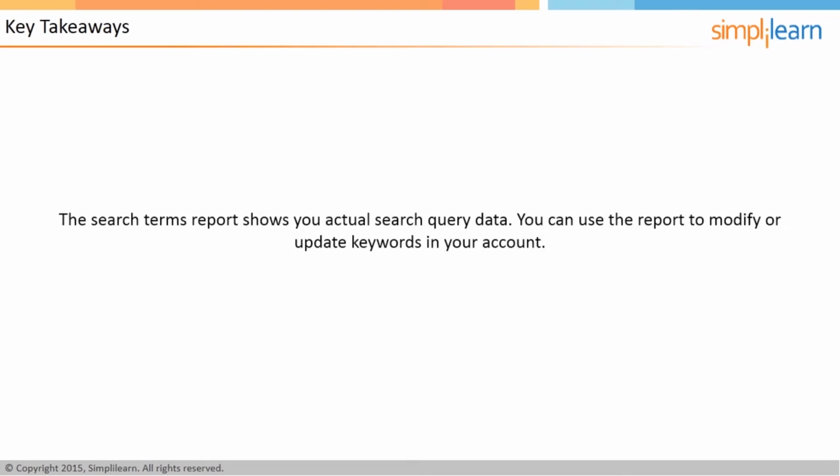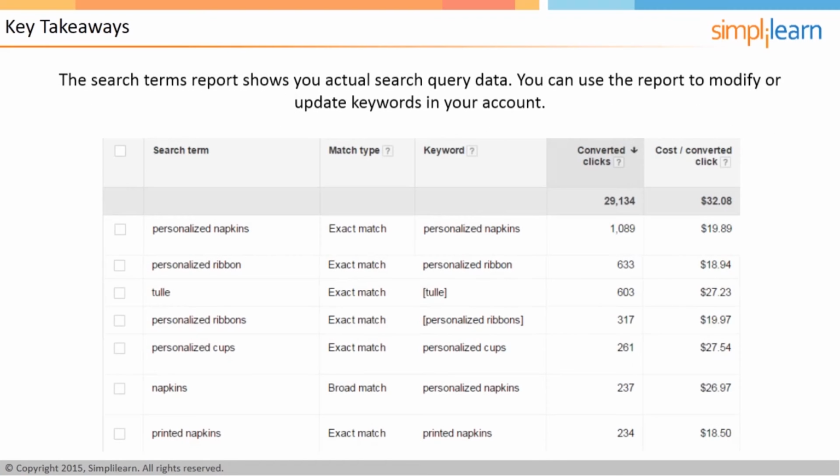The search terms report shows you the actual search query data. It is a great place to look to find words that aren't converting so you can make them negatives, or to find words that are converting that aren't in your account and make them keywords.